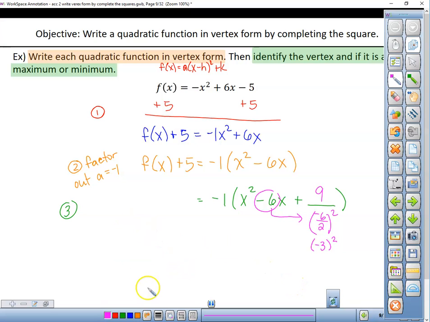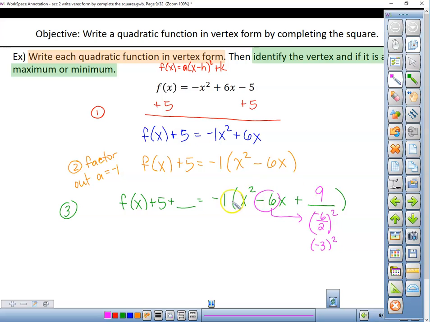Now in algebra, we always have to balance our equations. So that means that if we add something over here on this side of the equal sign, we also have to add something over on the other side that will make the equation balanced. And it's not actually going to be a 9. That's what you have to be careful with, because the 9 is inside parentheses.